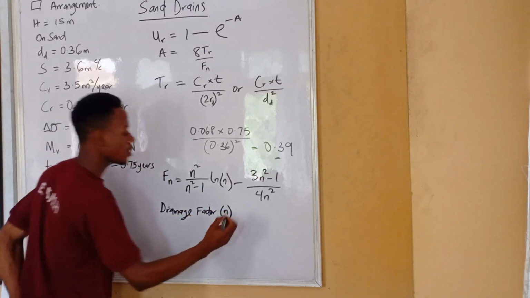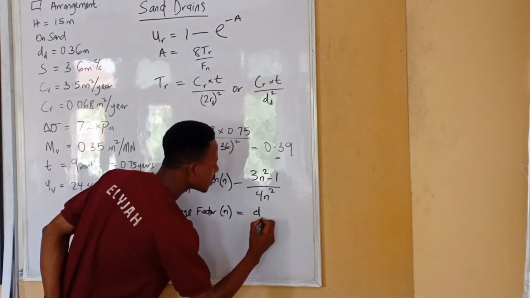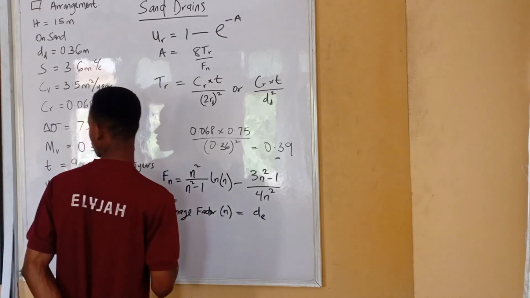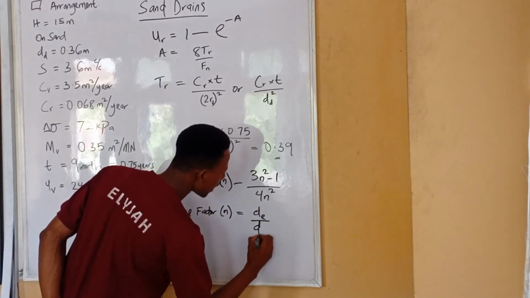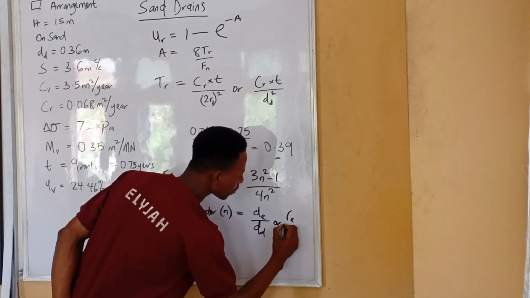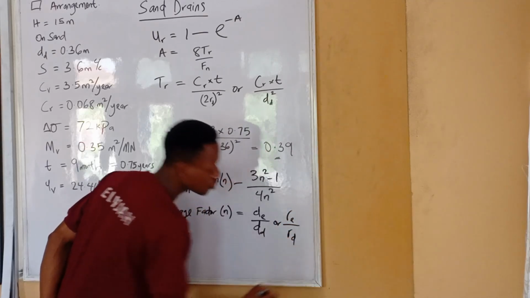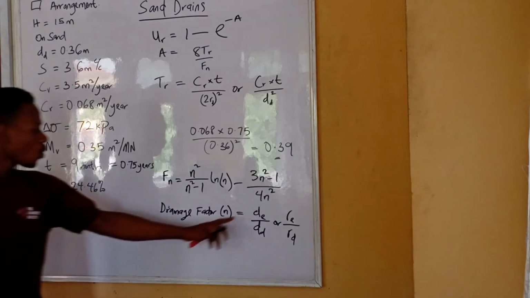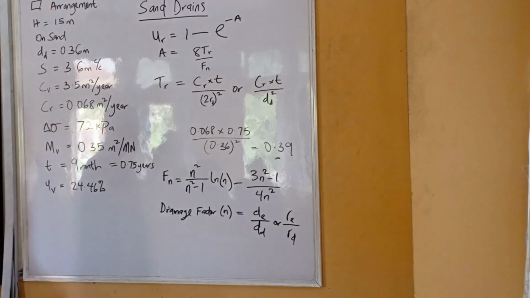Drainage factor n is equal to the diameter of the zone of influence divided by the diameter of the drain, or the radius of the zone of influence over the radius of the drain. Either way, you still get the same answer. And what is the diameter of our zone of influence?